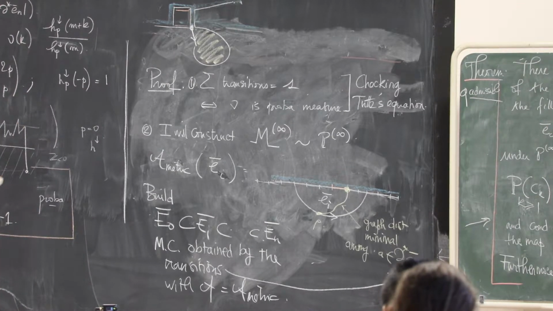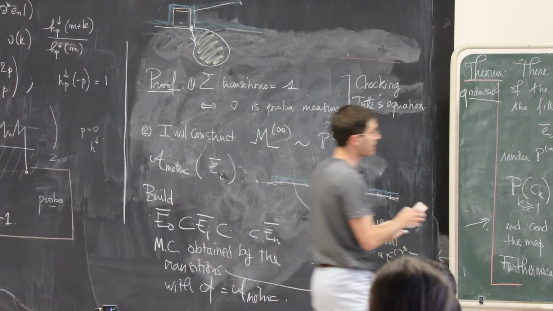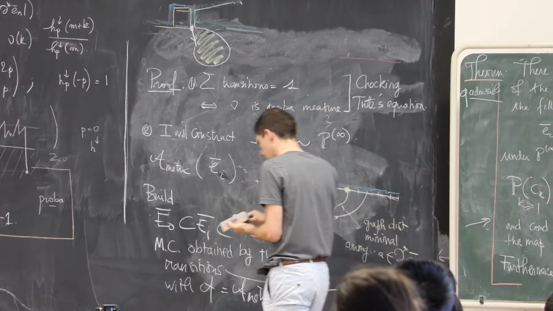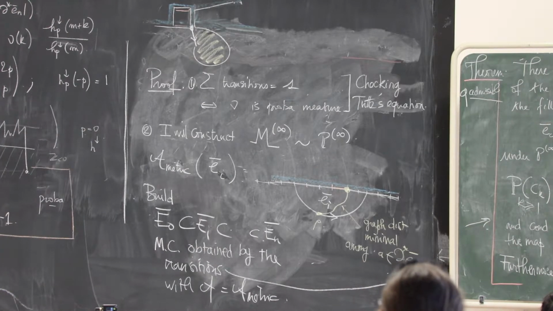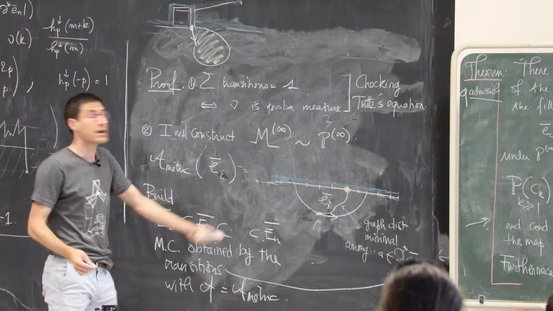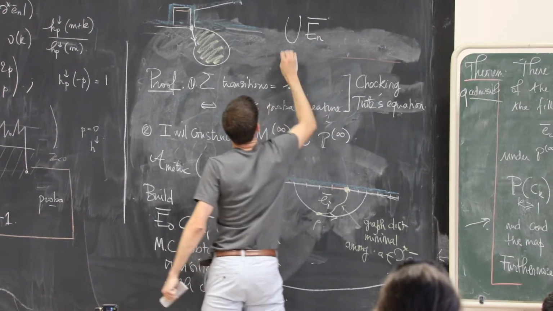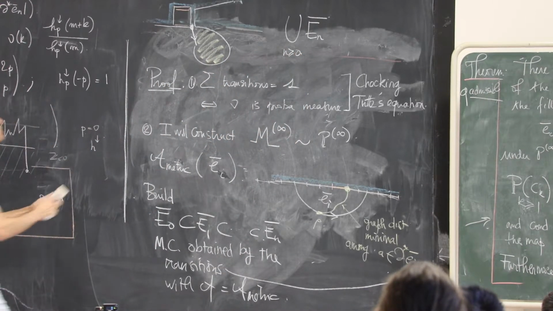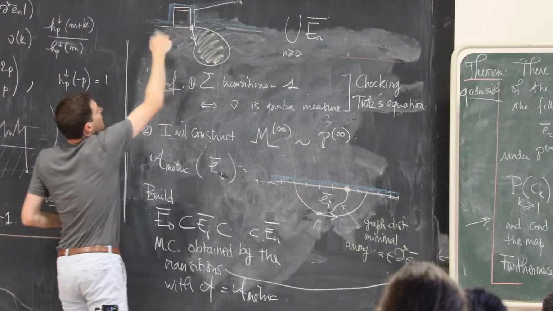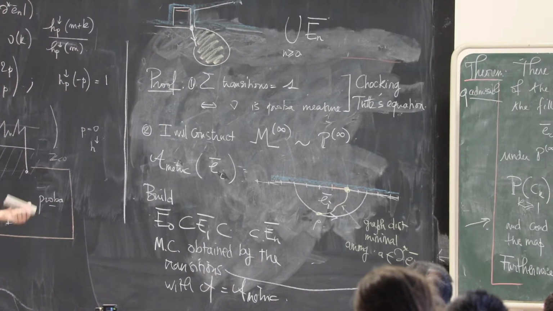So let your algorithm run, and I claim that what you want to define is just the increasing union. You want to take the increasing union, in a sense which I do not make precise here, of those maps. So basically you let your algorithm run and see what you get.